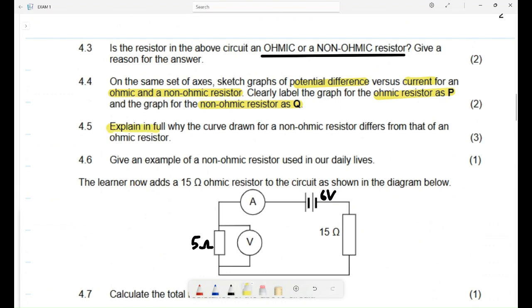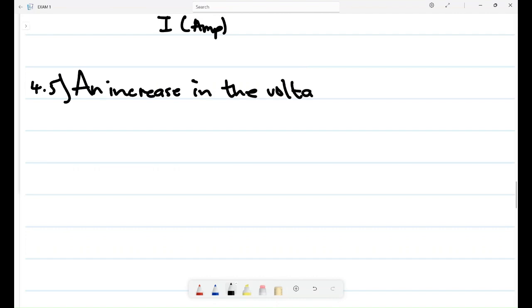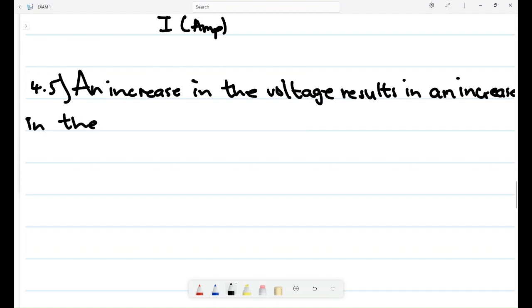Now, 4.5, explain fully why the curve of a non-ohmic resistor differs from that of the ohmic resistor. Now, here's your reasoning. Remember, I said what happens. An increase in the voltage results in an increase in the current.